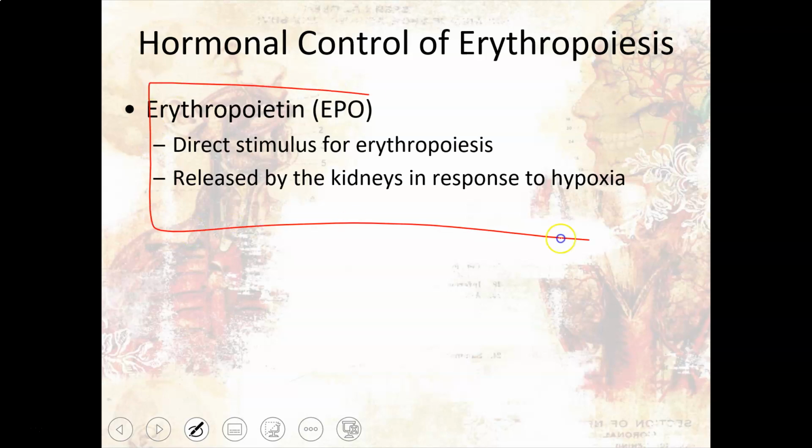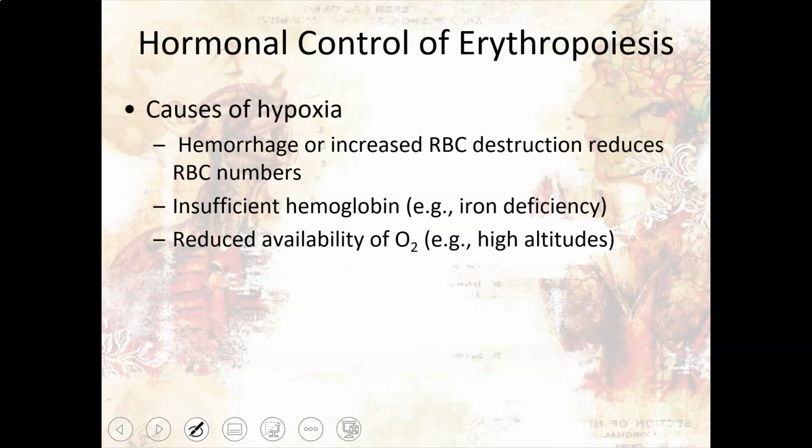Again, your direct stimulus, erythropoietin, the major hormone that tells you to make red blood cells. So why would you have hypoxia? You're bleeding, your blood cells are dying, your blood cells don't have enough hemoglobin, or there's not enough oxygen. All of those things can cause hypoxia.